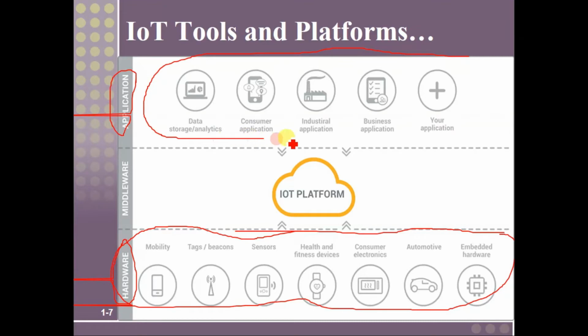In order to connect our application with IoT devices, the central point is the IoT platform. This IoT platform is the intermediate, acting as a bridge to connect our applications with the hardware.